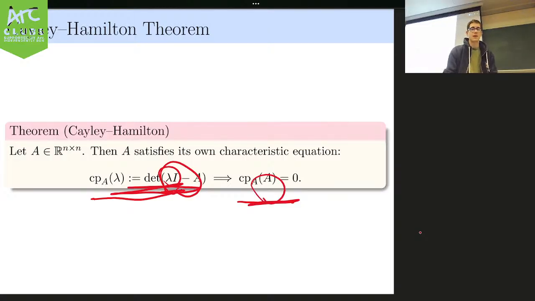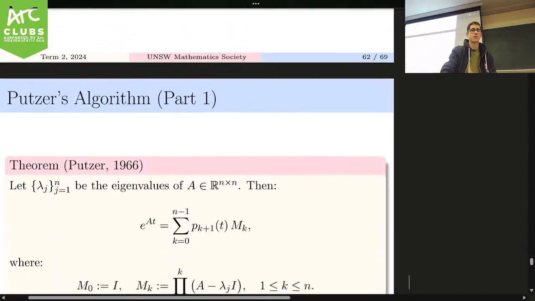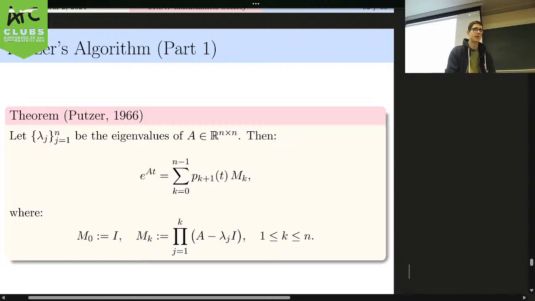So the matrix A satisfies its own characteristic equation, which is quite nice, and that makes Putzer's algorithm work here.